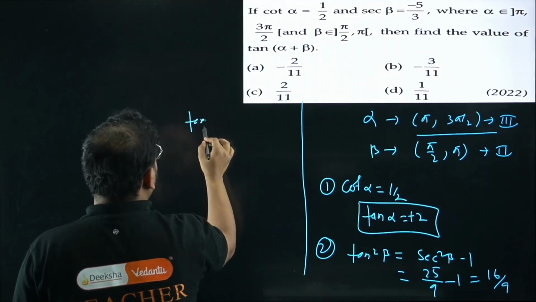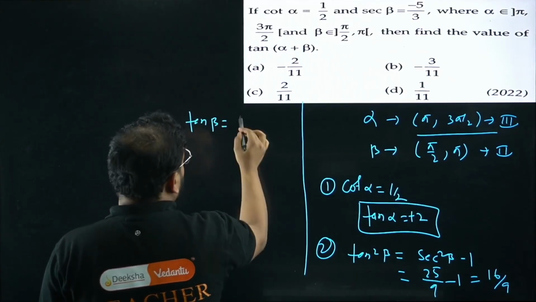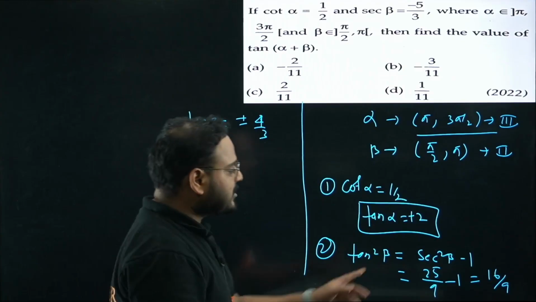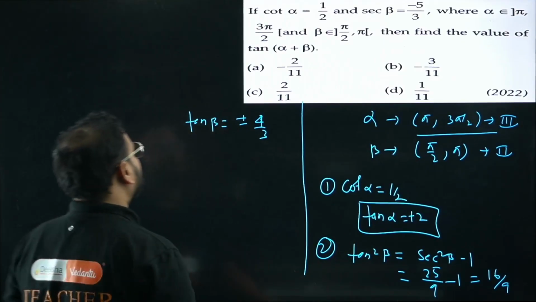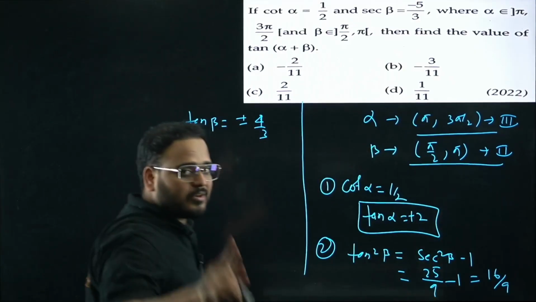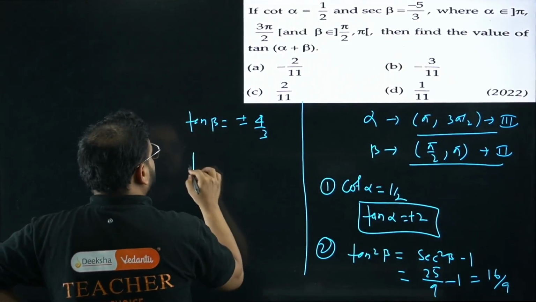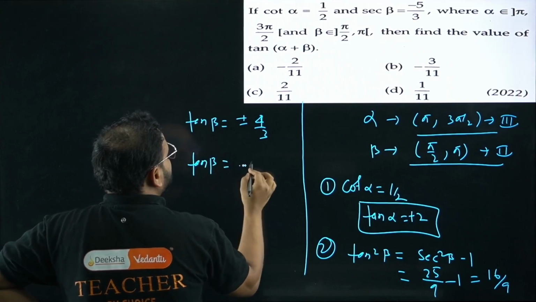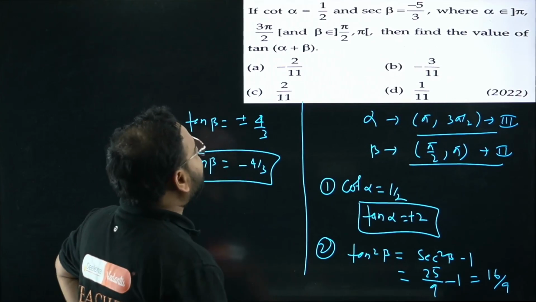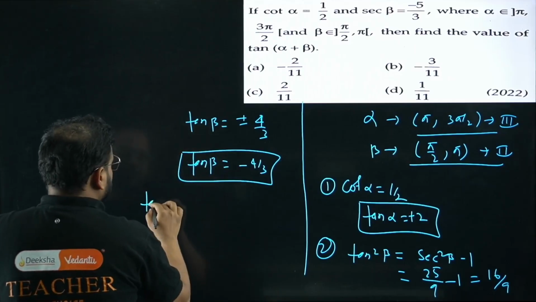So please continue from here. We get tan of beta equals plus minus 4 by 3. Square root of 16 is 4, and for 9 we have 3. Will we take positive or negative, sir? Beta is in the second quadrant, so tan is negative. Okay, tan is negative. So we'll take tan beta as negative 4 by 3. Now we'll check what they are asking. Tan of alpha plus beta. The formula is there. Let's apply.